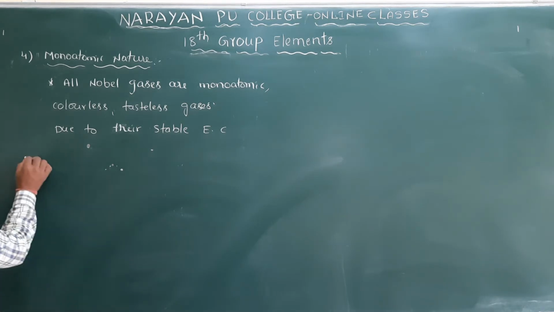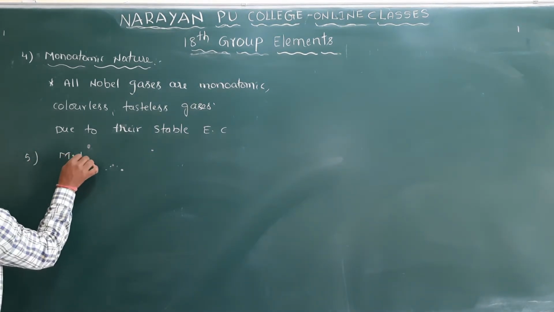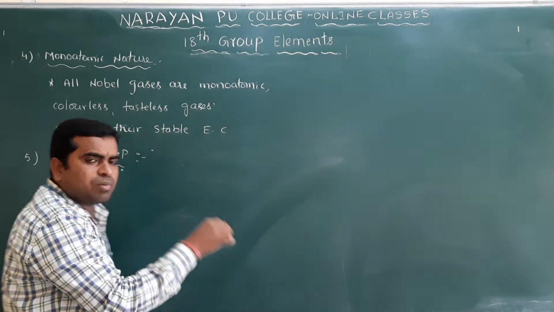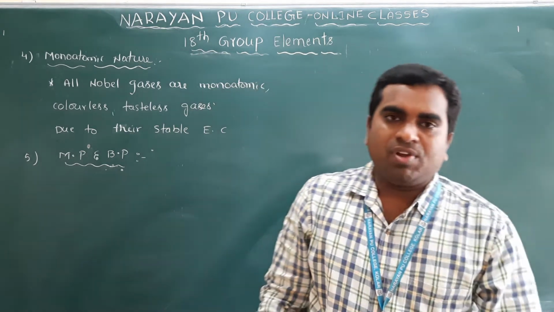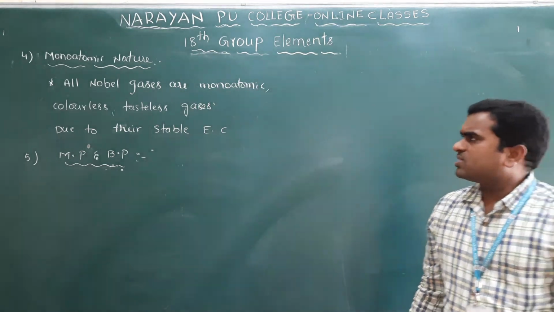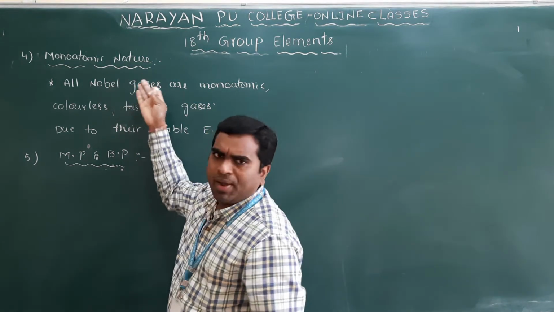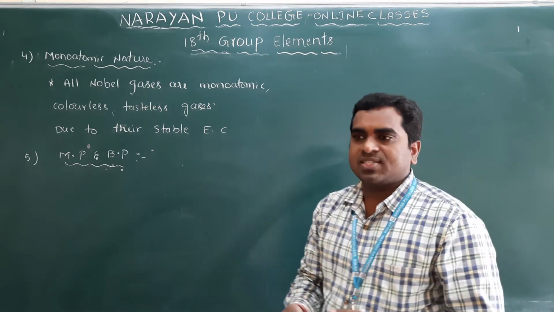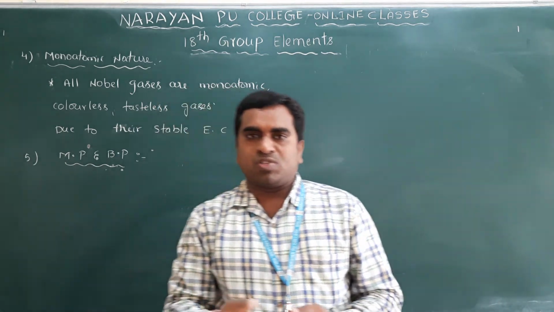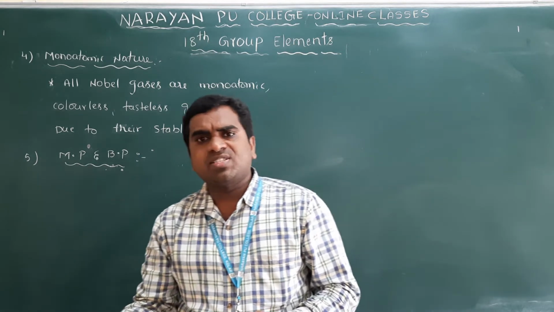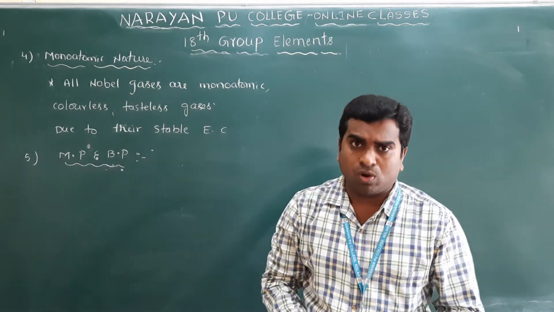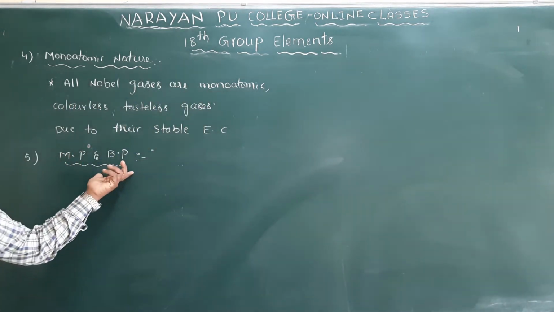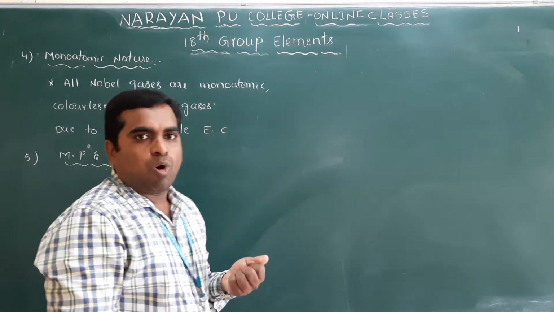And the fifth one is melting and boiling points. The melting and boiling points of noble gases are very low. Why? Because the atoms of these elements are held together by very weak van der Waals forces, which can also be called dispersion forces, in the liquid state and also in the gaseous state. That is why they have very low melting and boiling points.